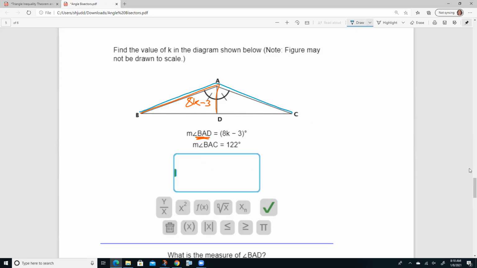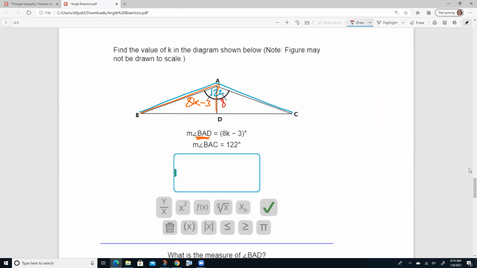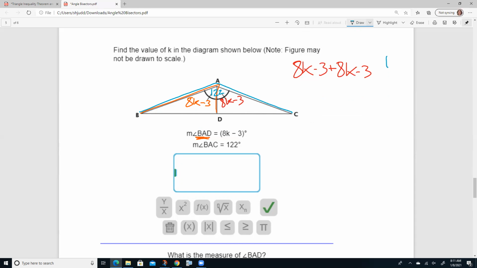Okay, that's the big angle, and that one's going to be 122 degrees. If I want to solve for K, I've got to think, which of these do I need 2 of? Well, I need 2 of the little angles to equal the big angle, so 8K minus 3 will be congruent since they're marked congruent. And so we can take our 8K minus 3 plus 8K minus 3 and set that equal to 122.